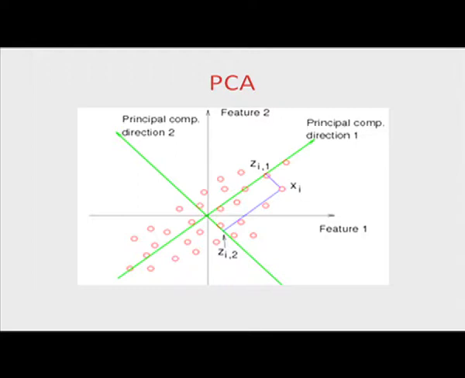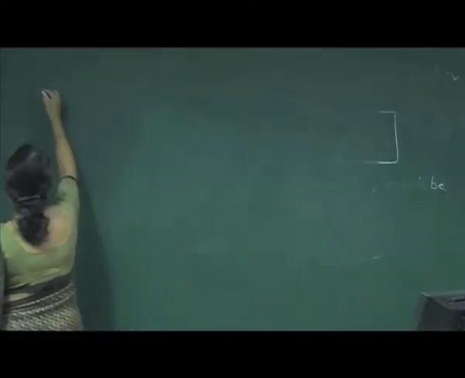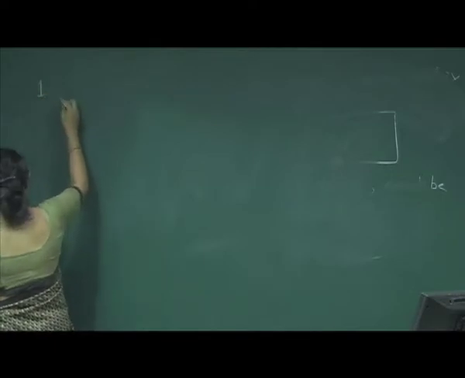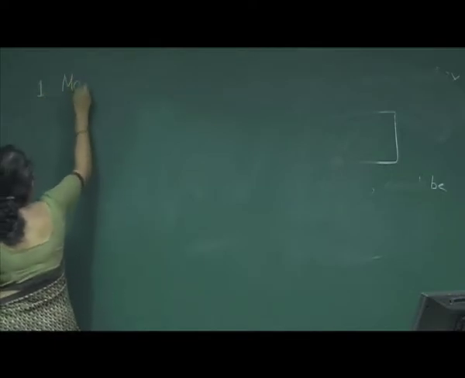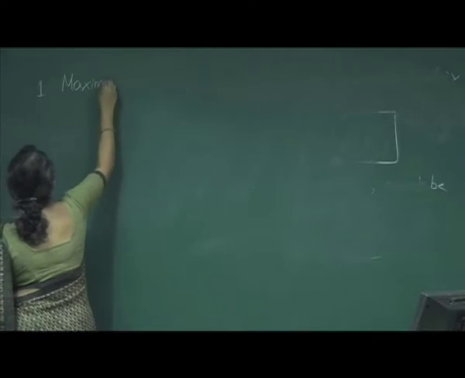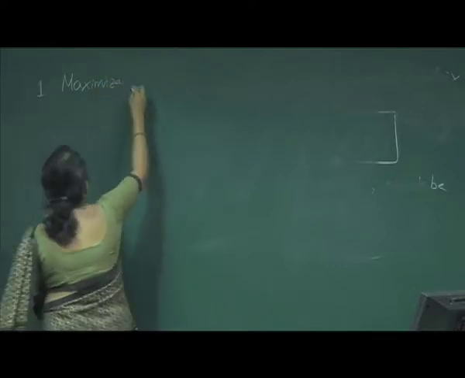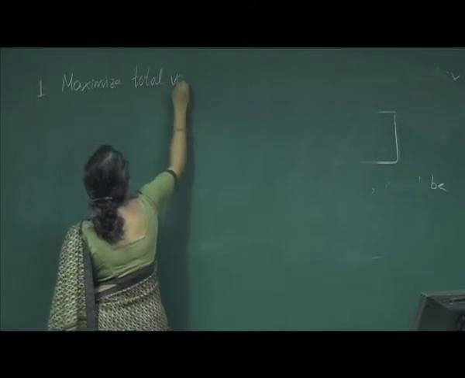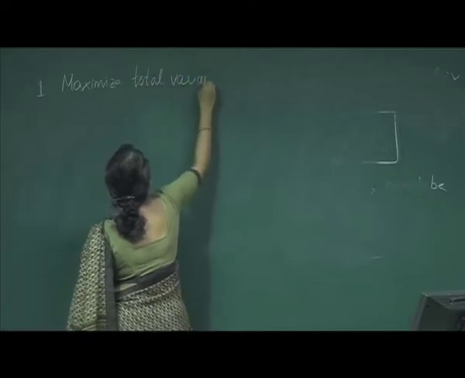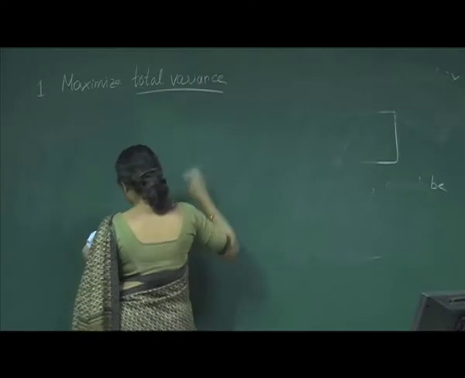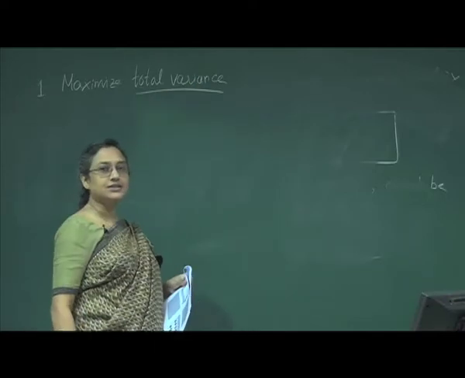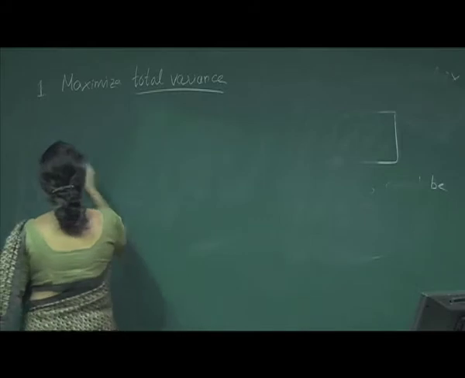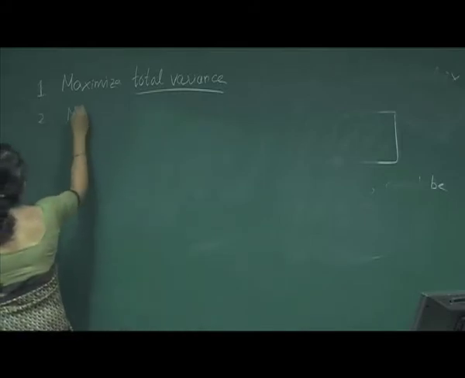So we want to choose directions such that the total variation of the data is maximum. That is, we maximize total variance. Secondly, we want to choose directions that are orthogonal so that we minimize correlation.